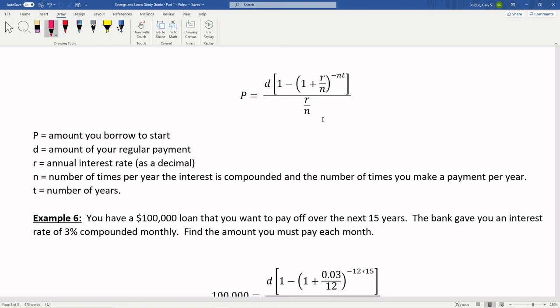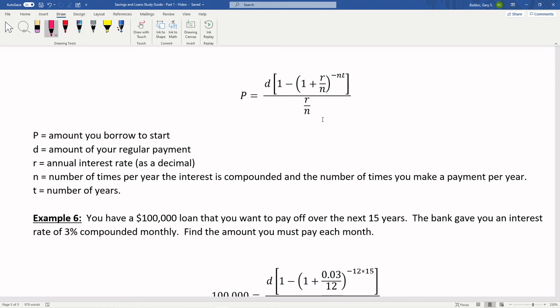N is the number of times a year that your loan gets compounded. But again, we're simplifying. We're also going to make that the number of payments. So the way we're thinking about this is the bank says, okay, I'm going to compound your loan now, and you're like, all right, here comes a payment. And those two things are happening at the same interval. And then T, again, is the number of years.